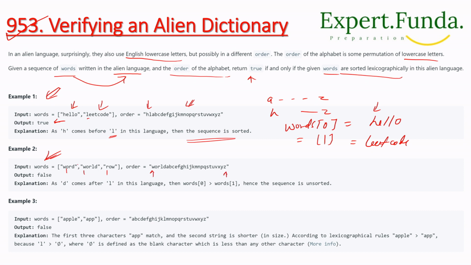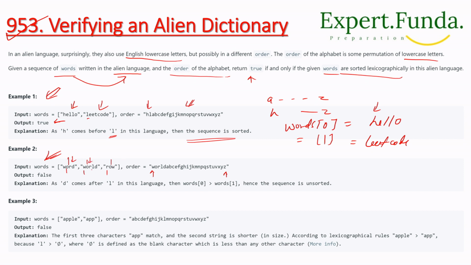But the first letters are equal, so we have to check the other letters. So we'll check O. Yes, O is also the same. Now we will check R, so you can see R here.